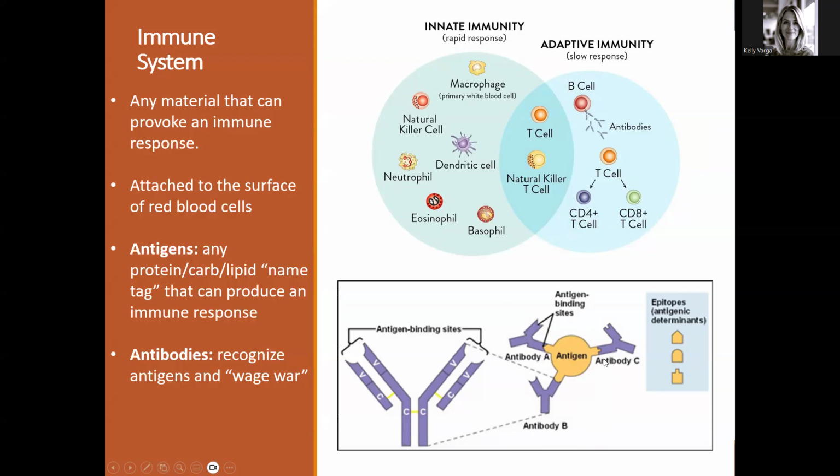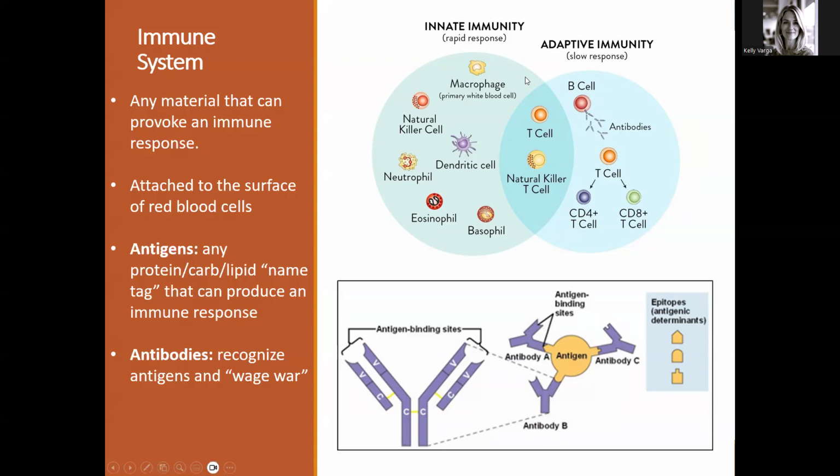It's going to say, ah, yes, I recognize you. And it's going to start sending out the appropriate antibodies to bind to this antigen and dismantle it so that it cannot bind to your immune cells and cause an immune response.